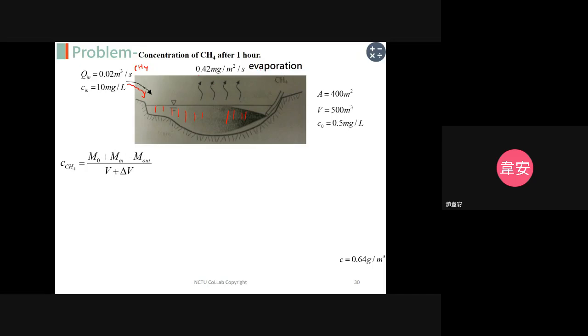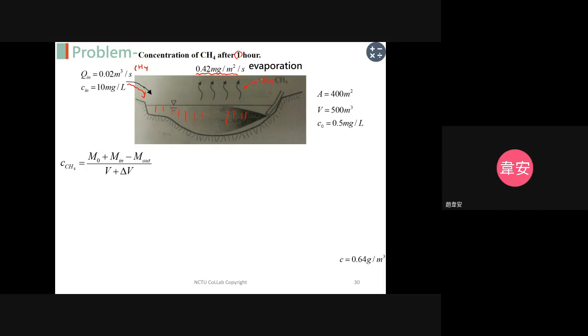Okay, and I tell you there is evaporation, and the evaporation rate follows these numbers, and the question we need to answer is what is the concentration of the CH4 after 1 hour? So we know there is the input and there is the outflow.